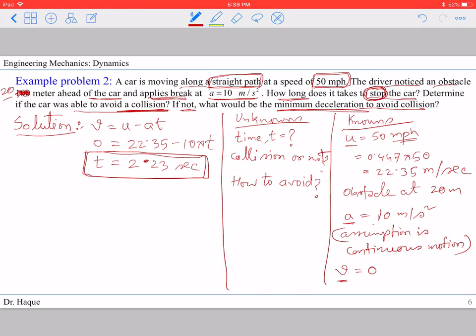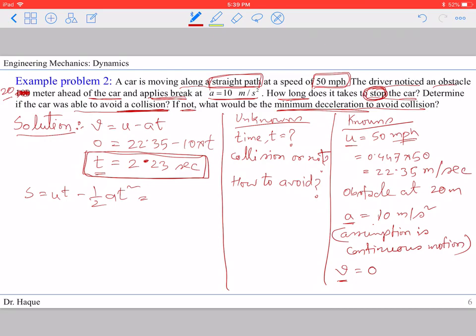Now the second question was whether there will be a collision or not. So we need to find how much distance it will travel in that time. We know s equals ut minus half a t square, because it's a deceleration.